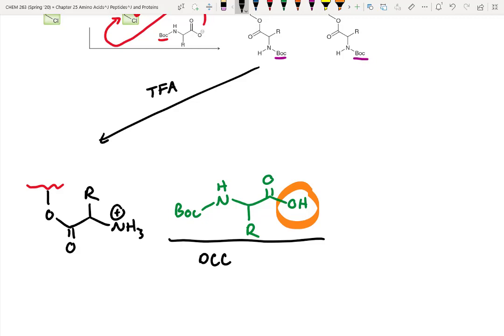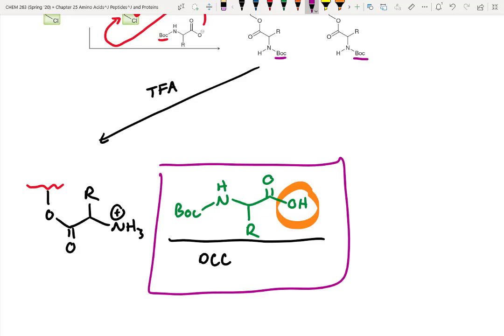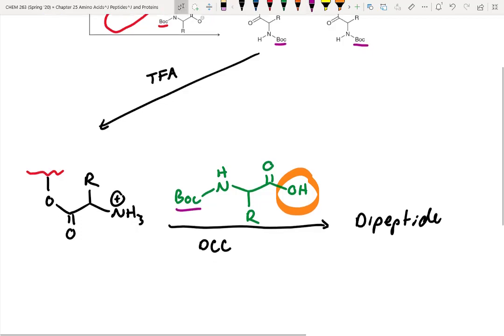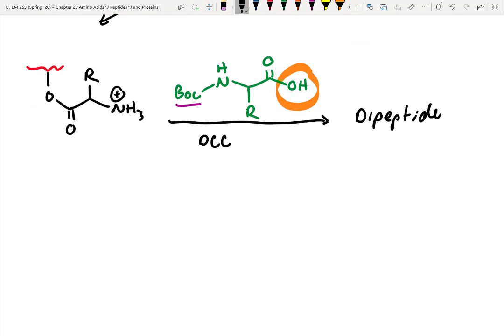So basically, during this entire step right here, we're going to flow through DCC and our Boc protected amino acid that we want to be amino acid number 2 in our polypeptide. So after this step, we'll link them together and we'll have a dipeptide. Right? And then if we want to remove the Boc protecting group coming off the end here, you can probably predict what will happen next.